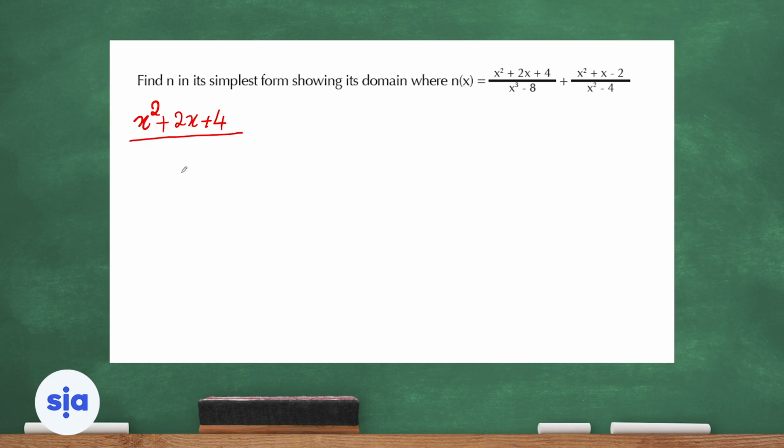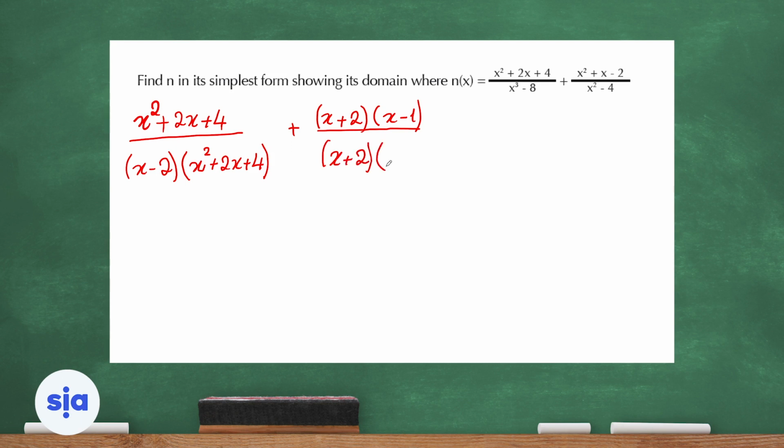Its denominator can be factored as x minus 2 multiplied by x squared plus 2x plus 4, plus, this numerator can be factored, x plus 2 times x minus 1, and this denominator, difference of two squares, can also be factored.